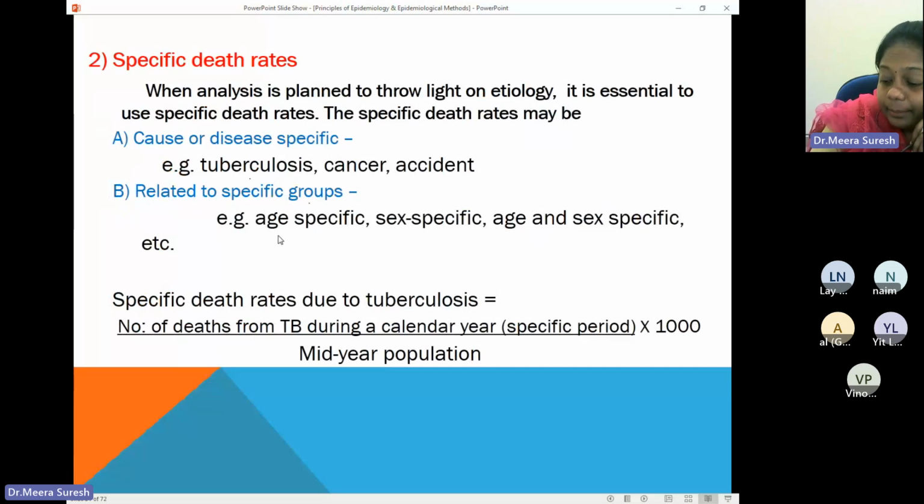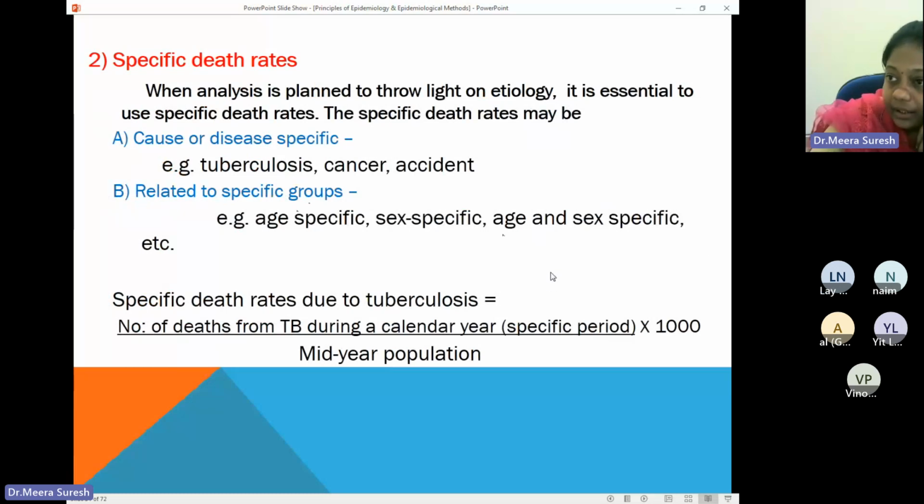What is the death rate that happened in children between 0 to 5 years or between 10 to 20 years, when we are going for age specific, or it can be sex specific, like the death rate among females and among males. It can be age and sex specific, where we are going for both together, like the death rate among adolescent girls, that is from 10 years to 19 years.